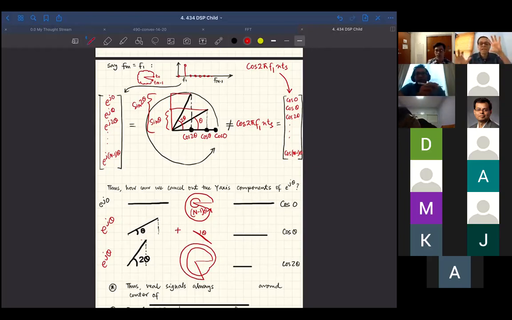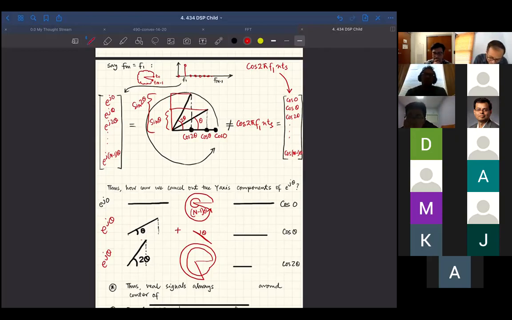So now what you're doing is you're taking a slow stick and you're adding it to the fastest stick. And when you add, you're canceling out the y-axis shadow and you're only left with twice the x-axis shadow. Right? That means what do you need to do? You need to make the sticks half. Because otherwise you're going to get 2 cos 0, 2 cos theta, 2 cos 2 theta, right?